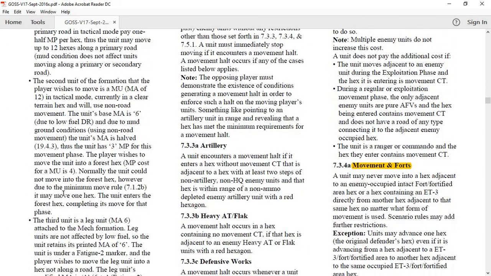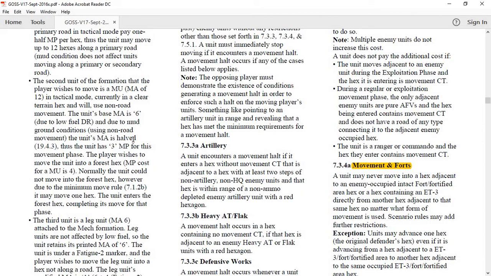The second unit of the formation that the player wishes to move has a MA of 12 in tactical mode, currently in a clear terrain hex, and will use non-road movement. The unit's base MA is 6 due to the low fuel DR, and due to mud ground conditions using non-road movement, the unit's MA is halved.